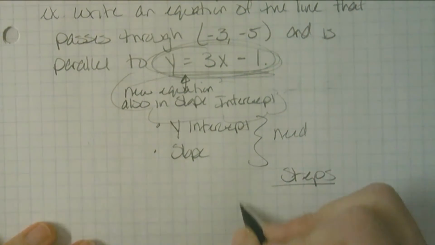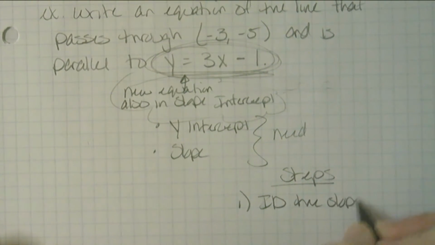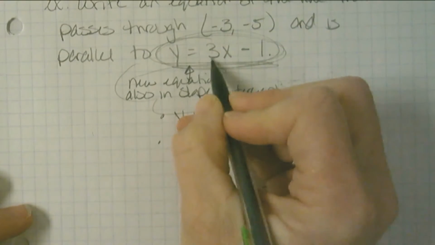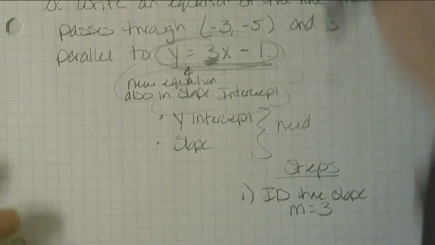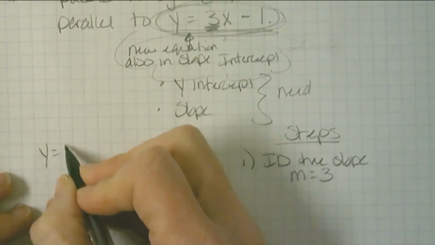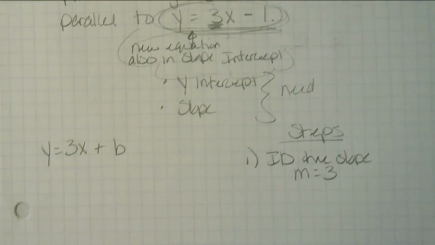So the first thing you're going to do is identify the slope. My slope is going to be 3 because the slope here is 3. So far I have y equals 3x plus b.